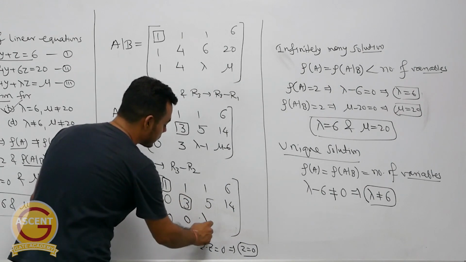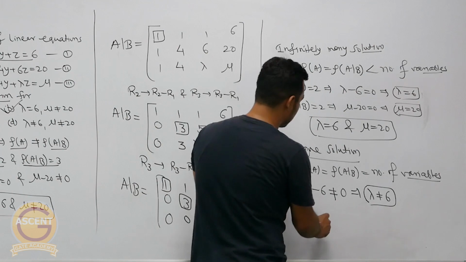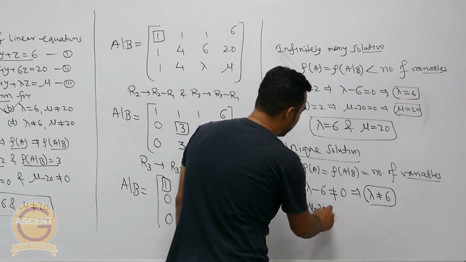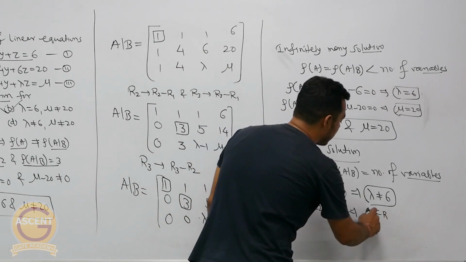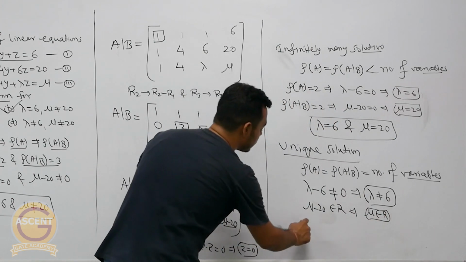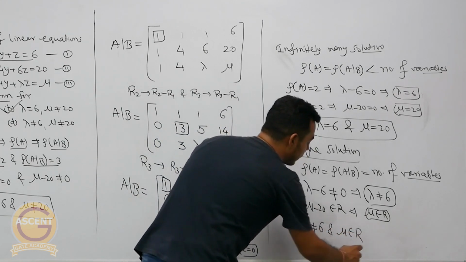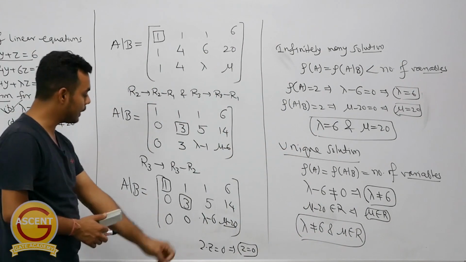Lambda minus 6 has to be non-zero, and nu minus 20 belongs to the reals. This may be any real number, which means nu is any real number. So the condition for unique solution will be lambda not equal to 6 and nu is any real number. We are talking only about real solutions, therefore nu is any real number.